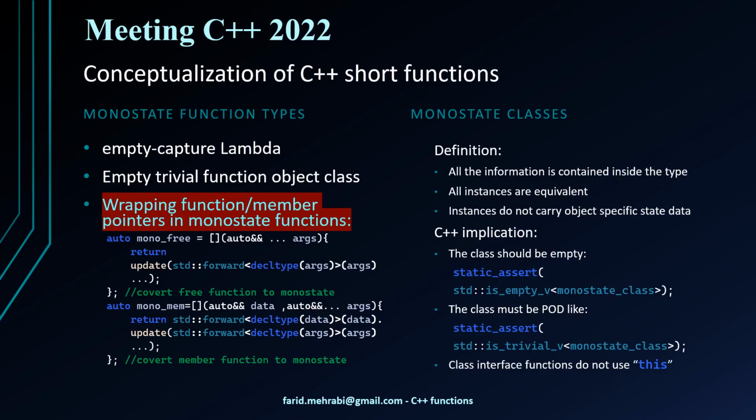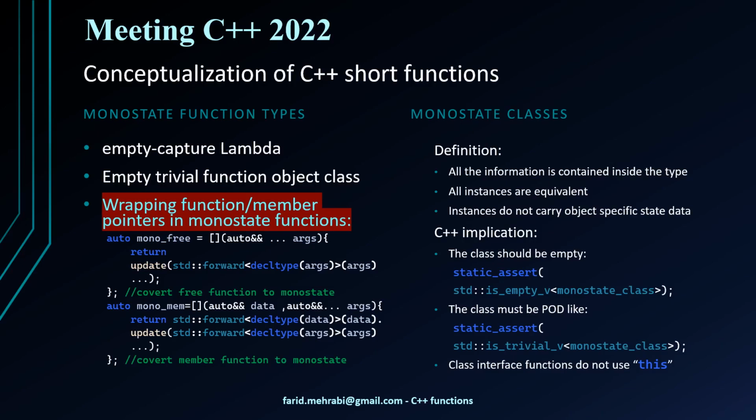Instances of a monostate class do not carry object-specific data, and all the instances of such a class are equivalent. Therefore, such a class is not supposed to have instance data members or virtual functions.